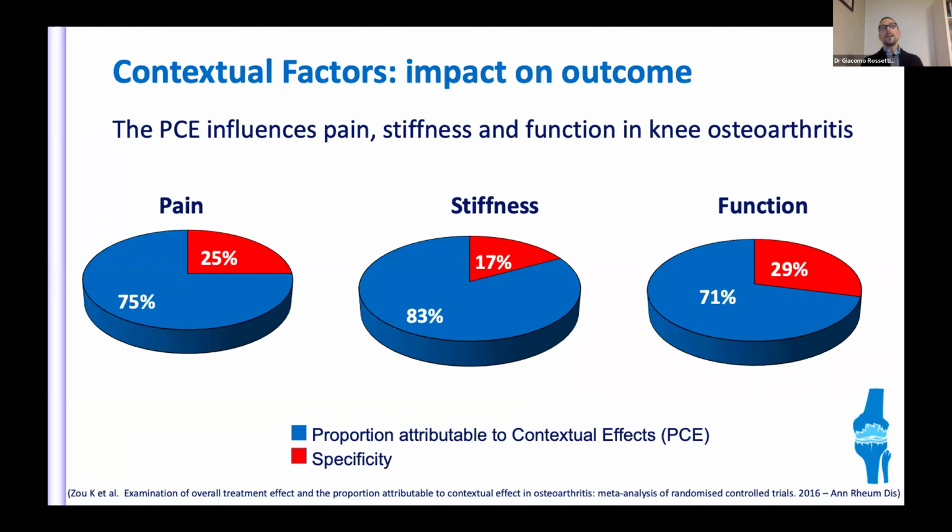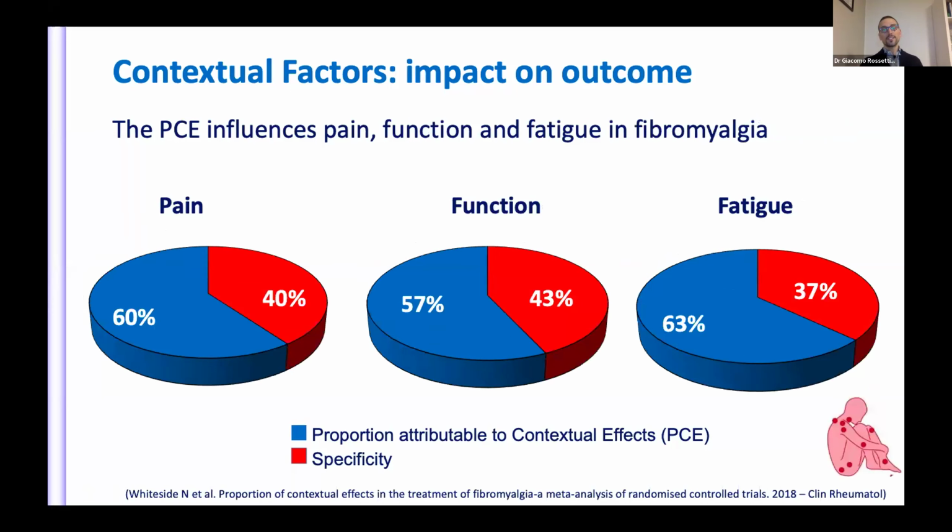For example, 75% for pain, 83% for stiffness, and 71% for function. But we also have data for example on fibromyalgia, where we noted that the proportion attributable to contextual effects affects for 60% the pain, for 57% the function, and for 63% the perception of fatigue.